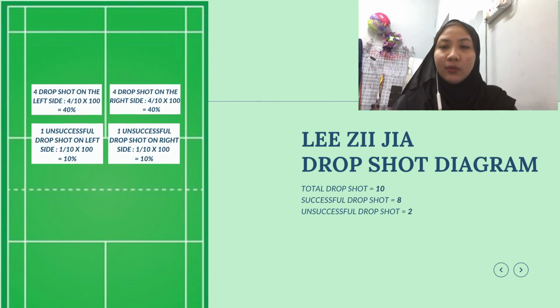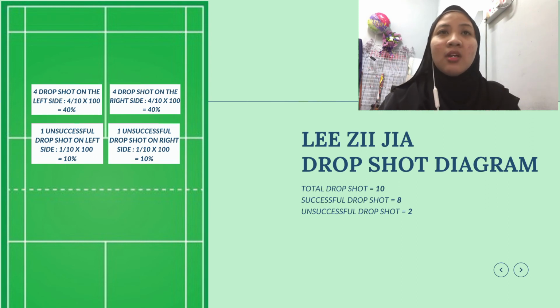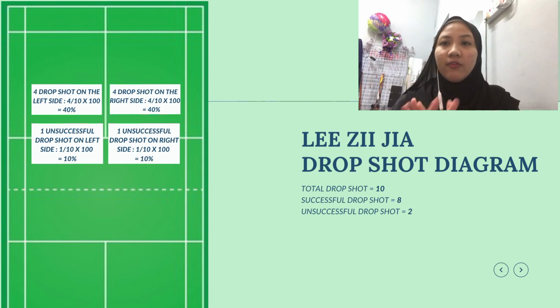Okay, next we will explain the drop shot diagram of Lizijia. As you can see here in the slide, there are 3 main targeted areas that Lizijia targeted for the drop shots.